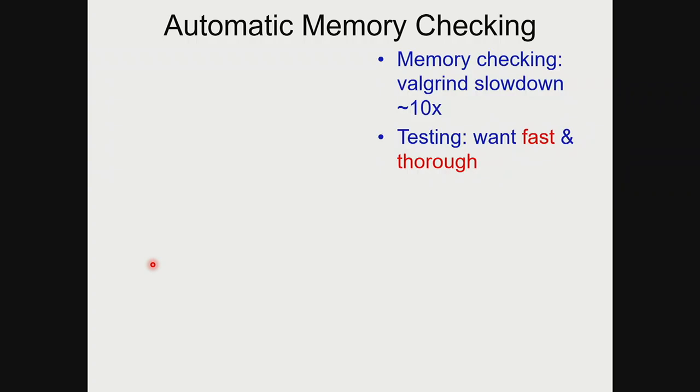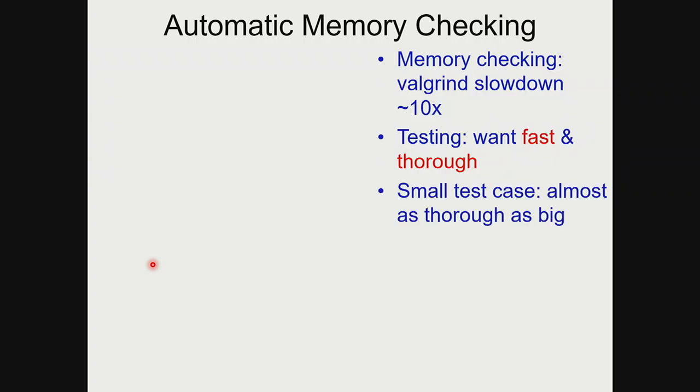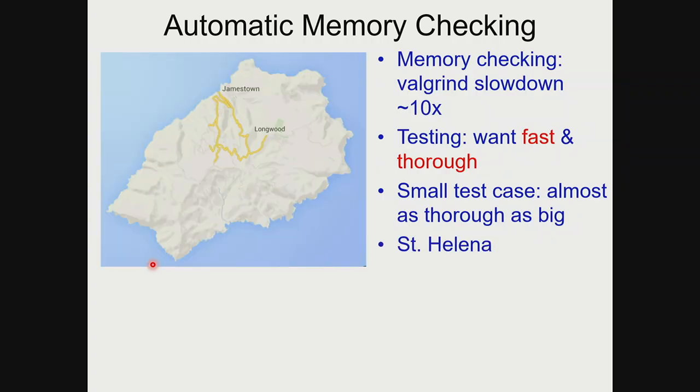To this end, we test Valgrind on a very small city called St. Helena. It's a very small city in the middle of the South Atlantic Ocean that has less than 100 streets probably.